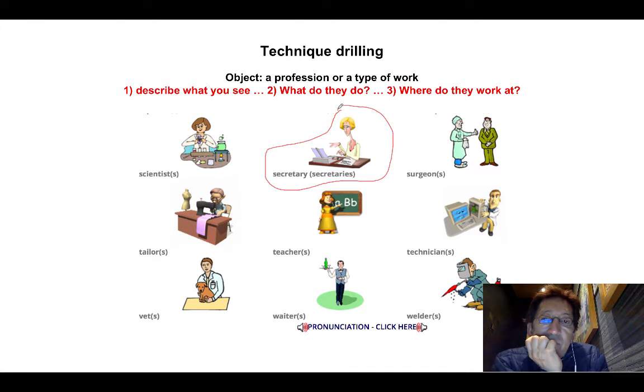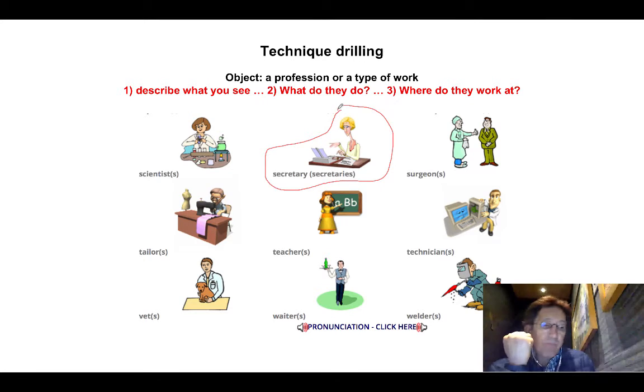She has a typing machine in front of her, and she's typing some information on the paper. She's wearing a nice office outfit, and on the table in front of her there is another document with some other information.